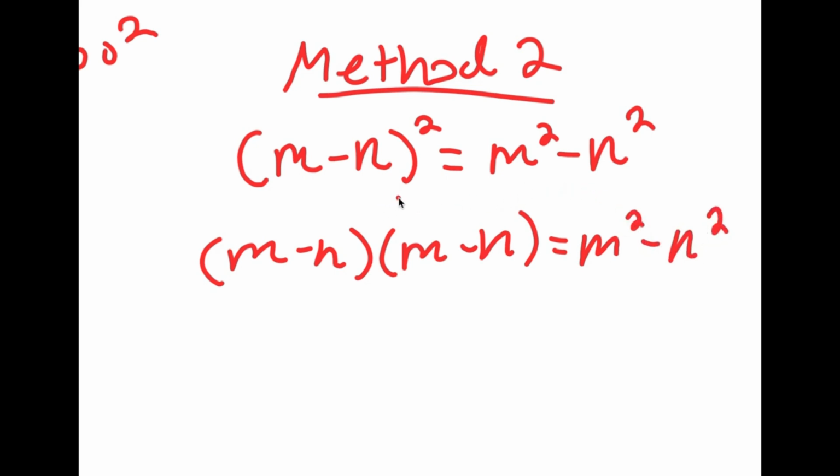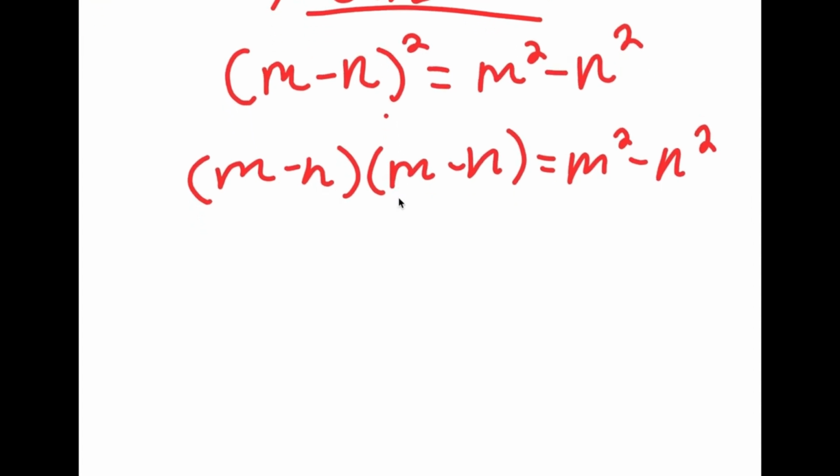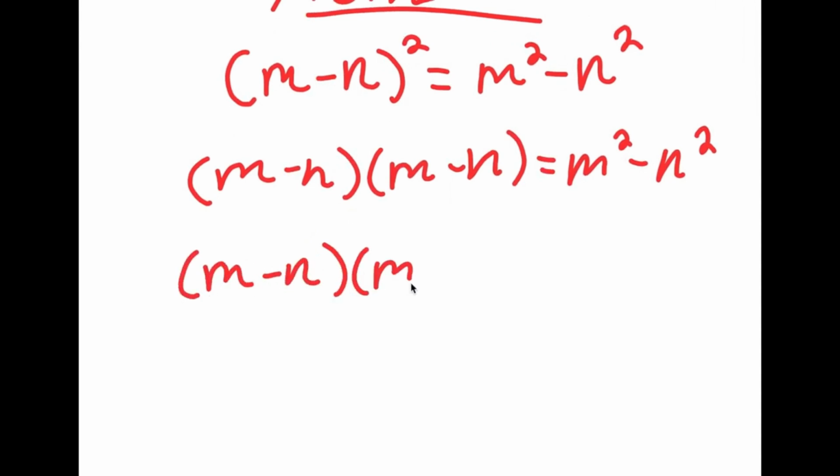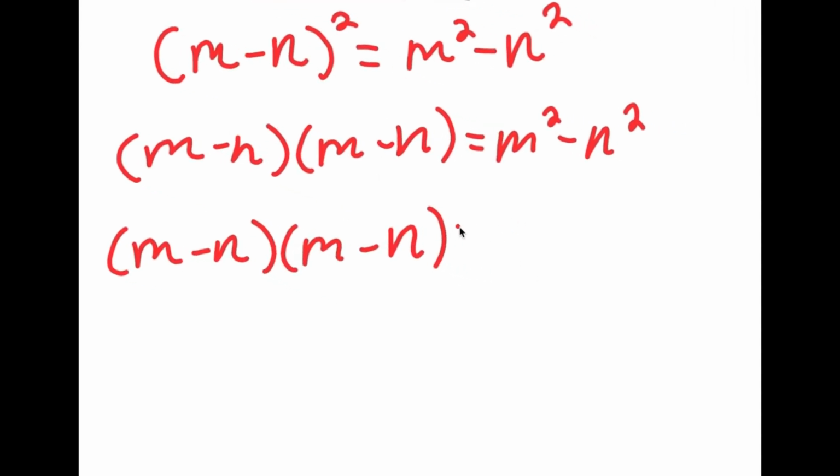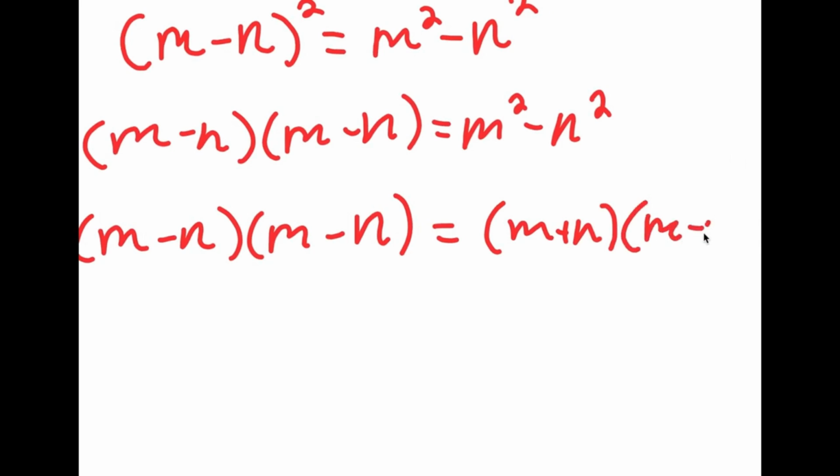And now from here, I'm going to rewrite m squared minus n squared as (m plus n) times (m minus n).